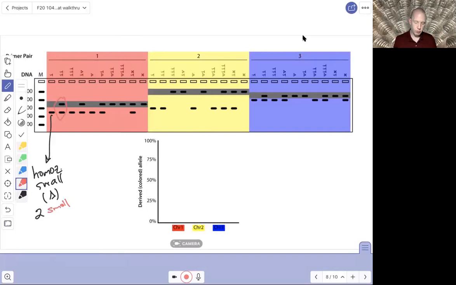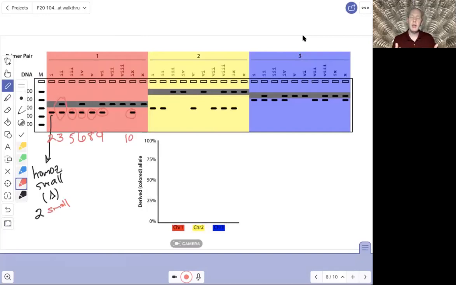So that's another small. So I'm going to do a running total. So that's 2, 3. Here's another homozygote. So that's 2 more alleles, 5. Another heterozygote. So that's 6 deletion alleles, 7, 8 for a homozygote, 9, 1 from a heterozygote, and then there's 1 more small allele, for a total of 10.